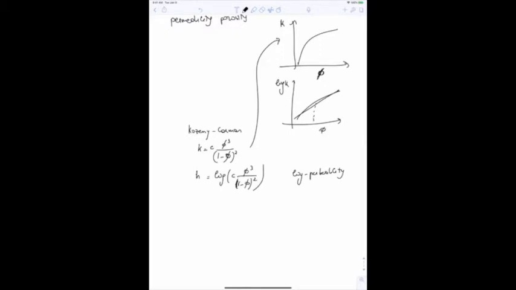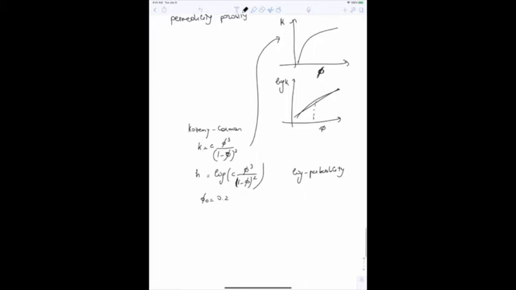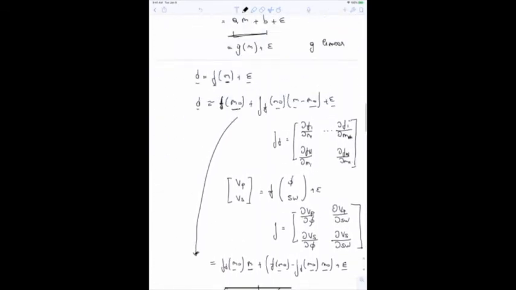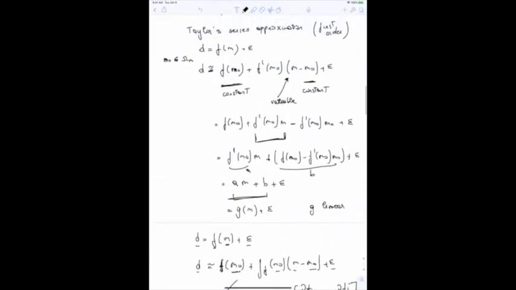Then what you can do is take the derivative. So we take a midpoint porosity 0, for example, equals 0.2. And so we can write H as the value of the function. We're going to apply essentially this relationship here.